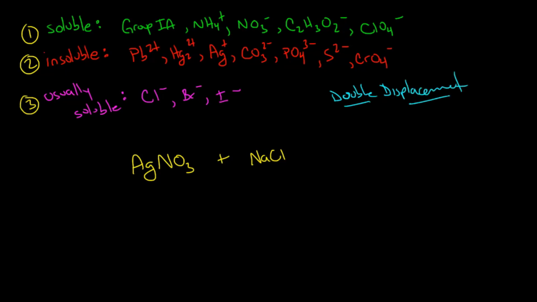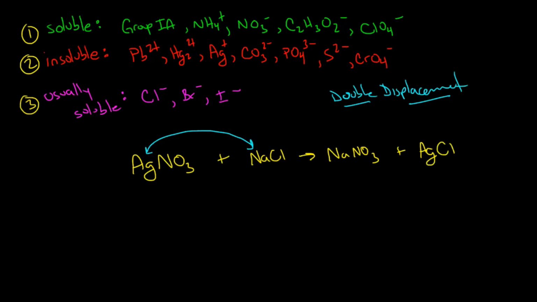Okay, so a double displacement reaction, what happens is the two cations swap places. Okay, so we're going to end up with the sodium partnered up with a nitrate. So one of our products is going to be a sodium nitrate, and our other product is going to be silver partnered up with the chloride.